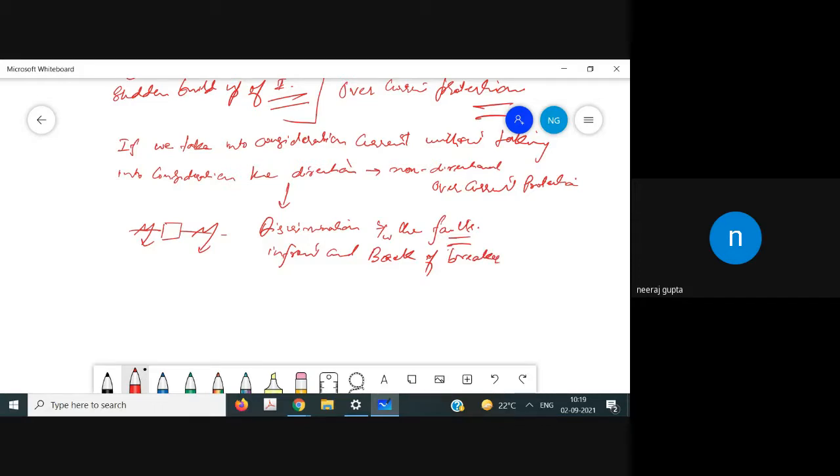So we want the discrimination between the fault in front and behind the breaker.